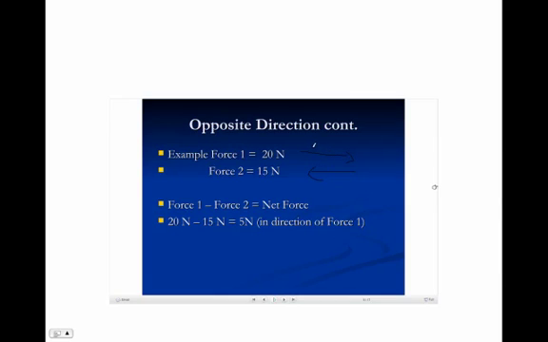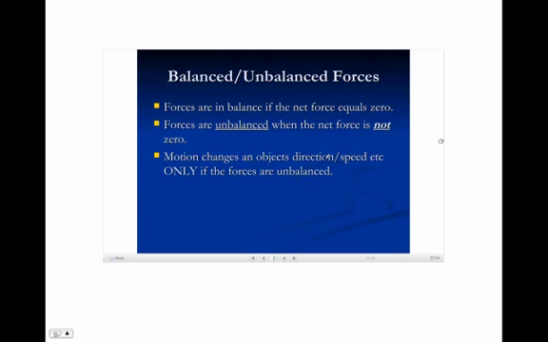Well, this would cancel, so all we'd have left would be that little bit. And in which direction? This direction. So we would say the net force is a tiny little arrow like this, 5 newtons, and it would be to the right if our original arrow was 20 newtons to the right. So 20 minus 15, 5 newtons to the right.